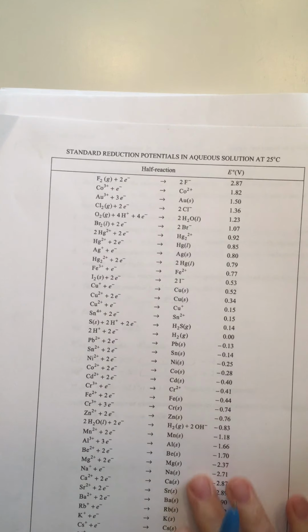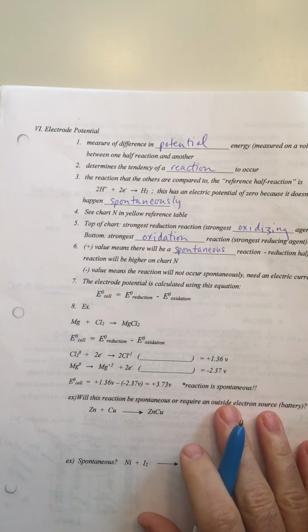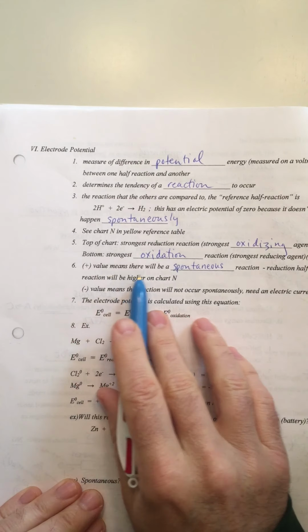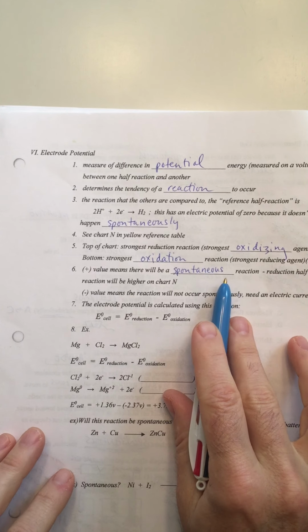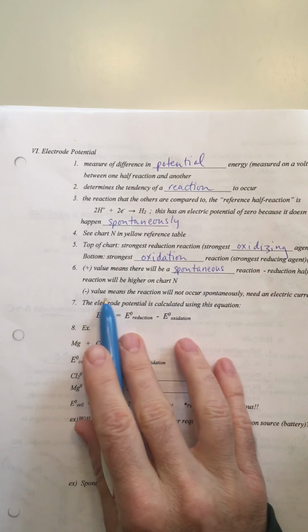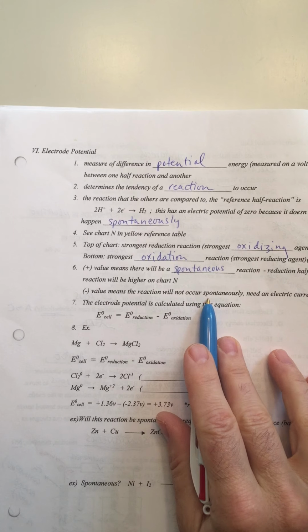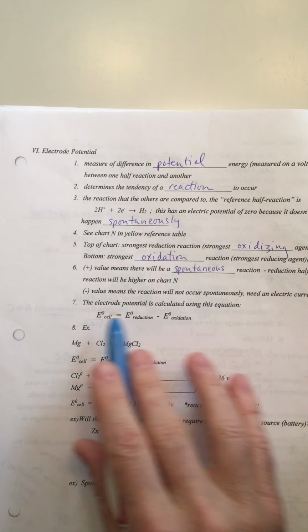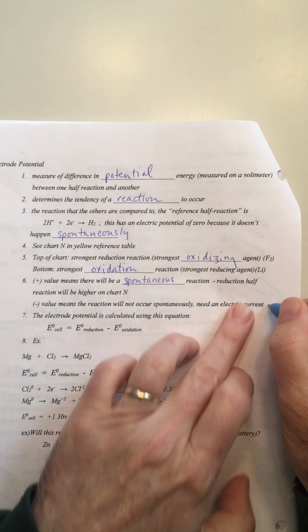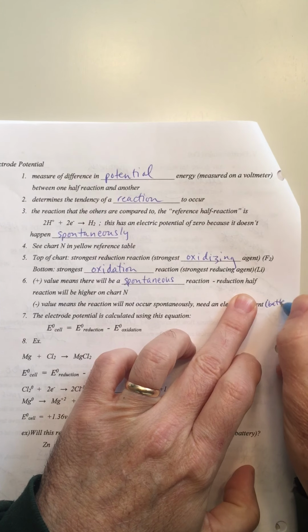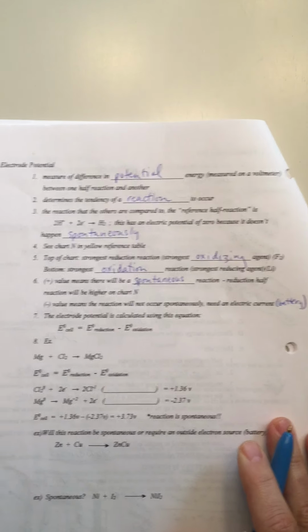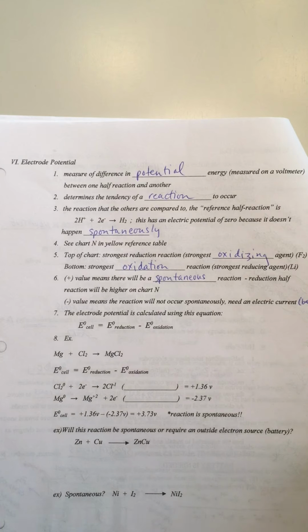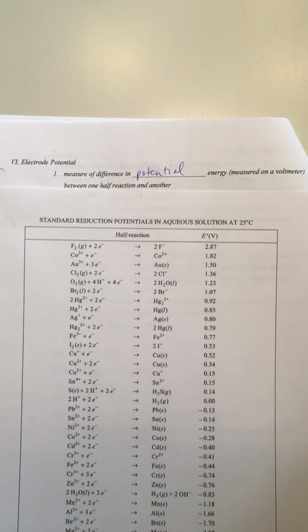But the bottom line is, if you have a positive value, that means that there will be a spontaneous reaction. The negative value means it will not occur spontaneously. You need an electric current. In other words, this has to be driven by some sort of battery, or you've got to plug it into the wall. So what does that mean as far as this chart goes?